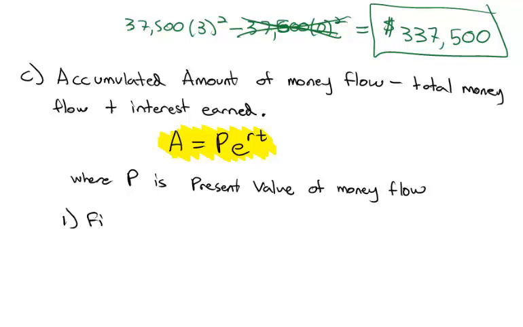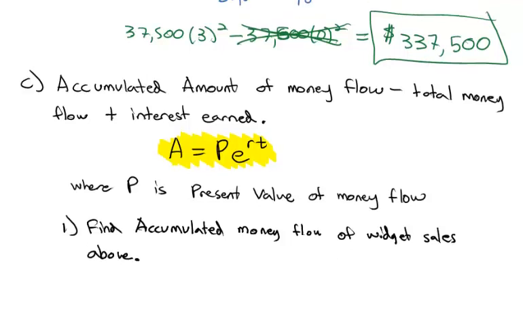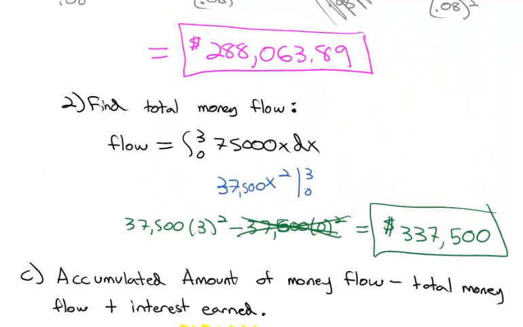So let's find, speaking of that example, let's find the accumulated money flow of widget sales above. So we just found out that P, my widget sales from above, in pink here, is $288,063.89.